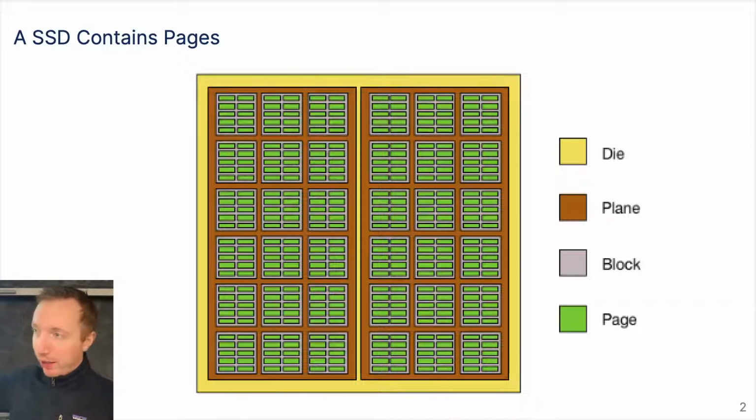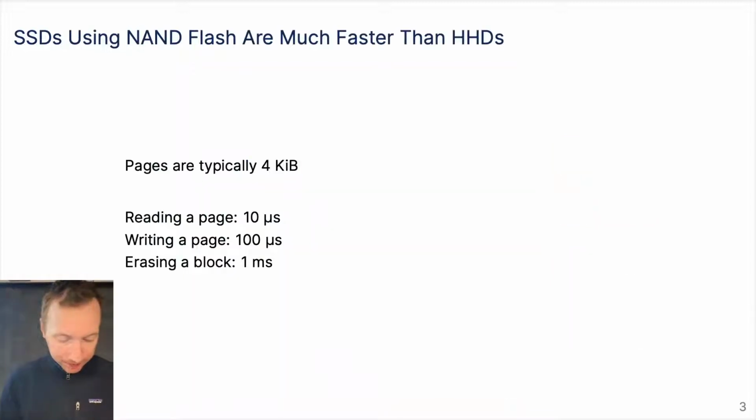And for the blocks, all you need to know is that they contain multiple pages, and we'll see why we have to care about that in the next few slides. But just to give you an estimation of typical speeds, they're much, much faster.